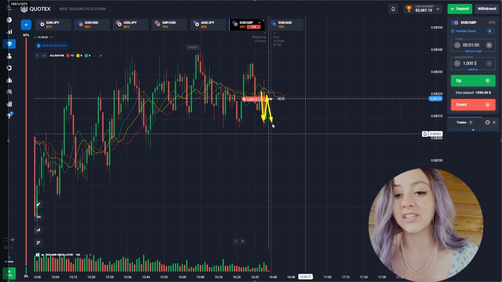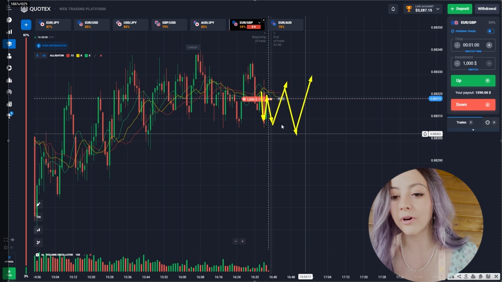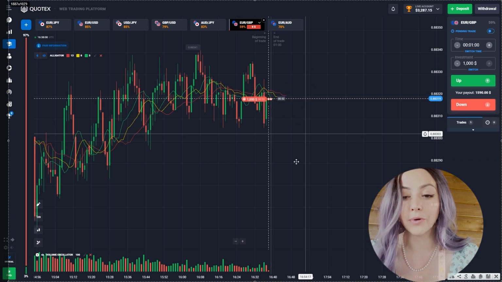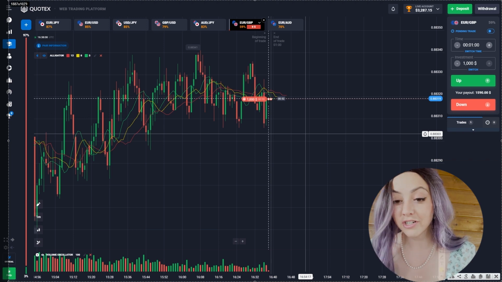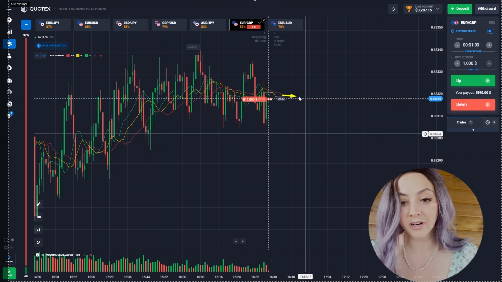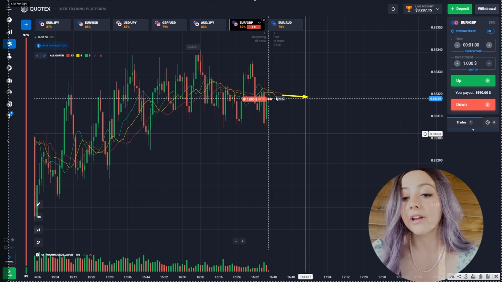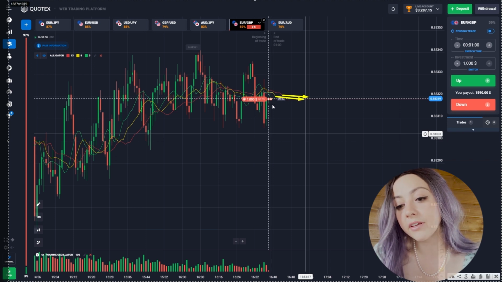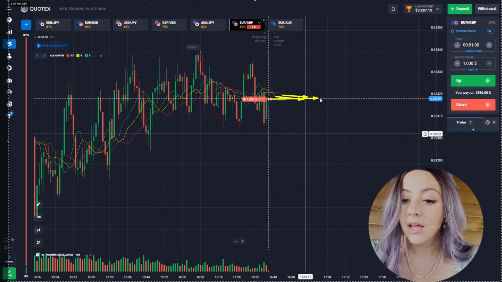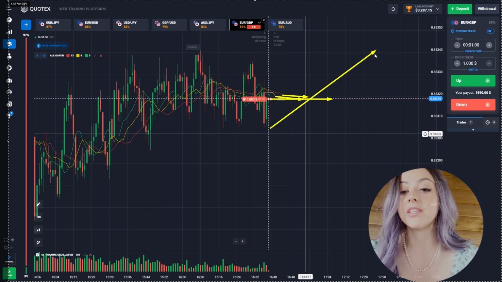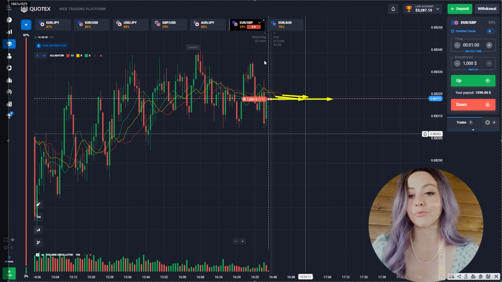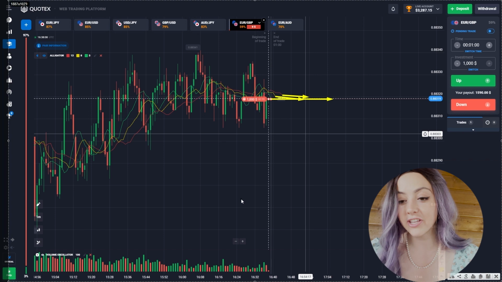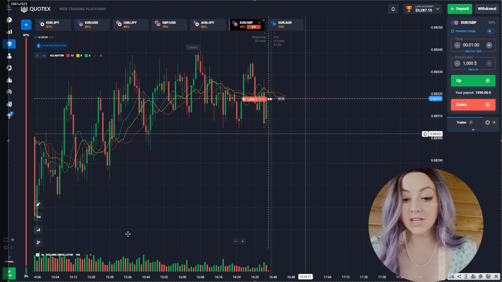We can see that these red candlesticks and then a green one are going up and down pretty harshly. The red line looks down, the yellow down as well, and the green line looks straight, and the general tendency just looks down.